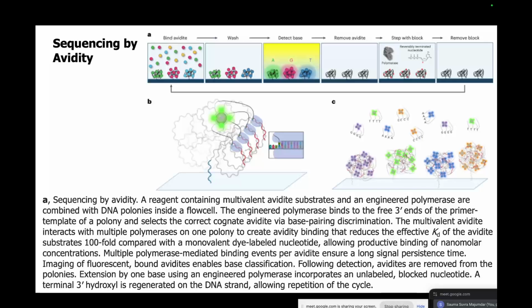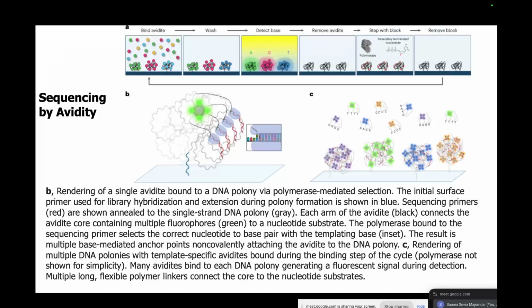Then you wash off these avidites, and you have to reversibly terminate the nucleotide so that the blocking is removed, and the next step of polymerase can act on it and start sequencing again.